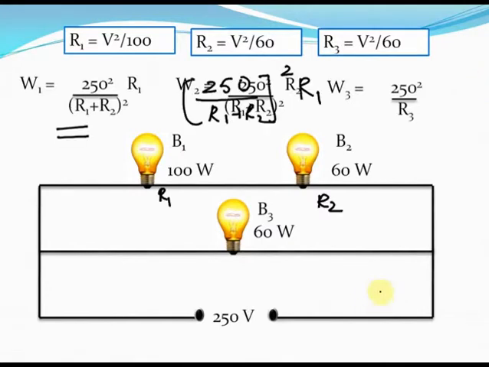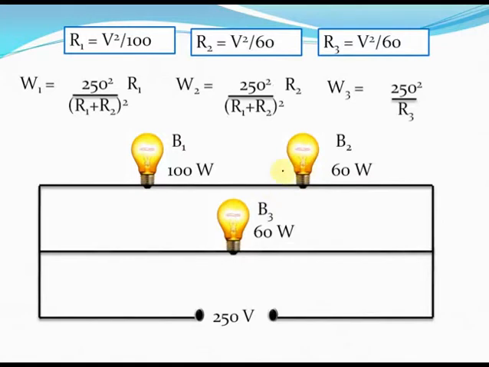That is because the net potential difference across the bulb B3 is given to be 250 volts, isn't it? And the net resistance of B3 is R3. So clearly V square by R3, that is 250 square by R3, will be the net power consumed by the B3 bulb. So we have the value of power consumed by B1, B2 and B3. Now we can substitute the values of R1, R2 and R3 in all of these expressions, isn't it?